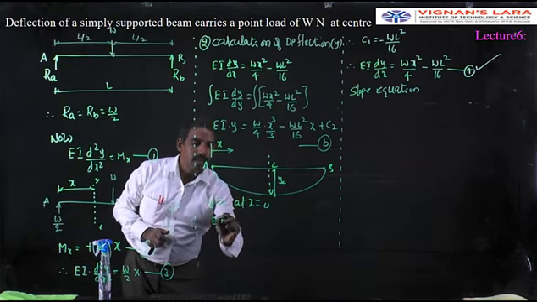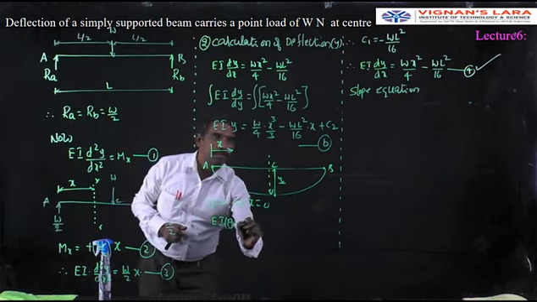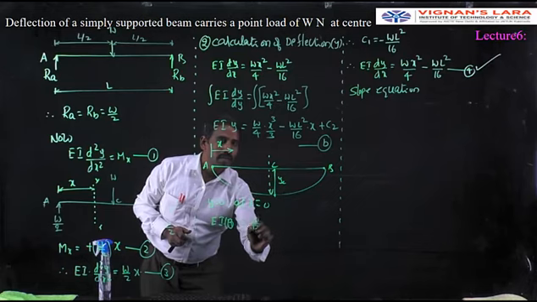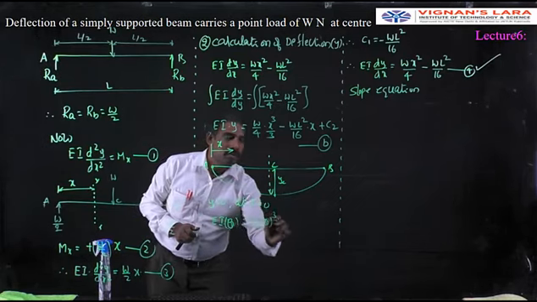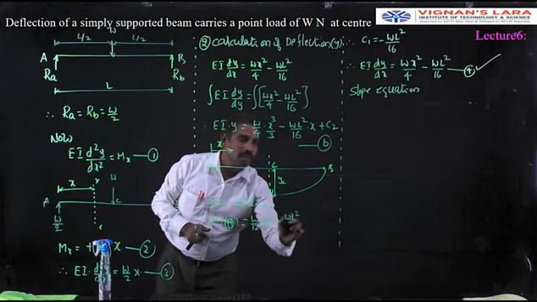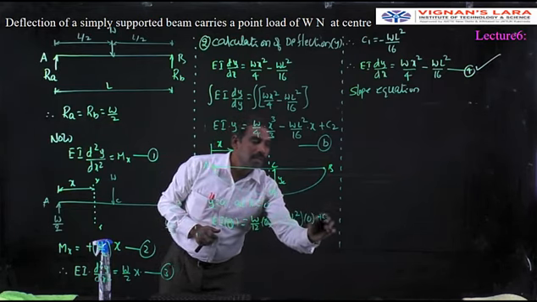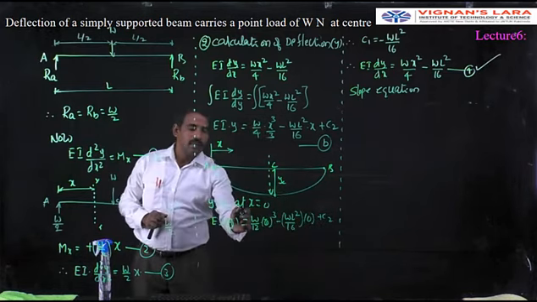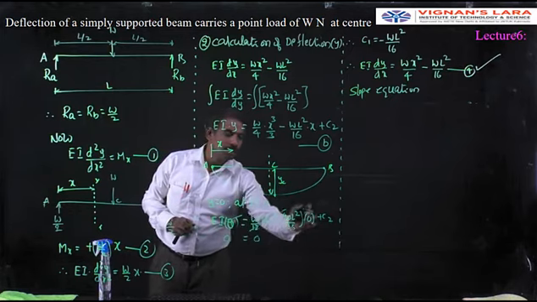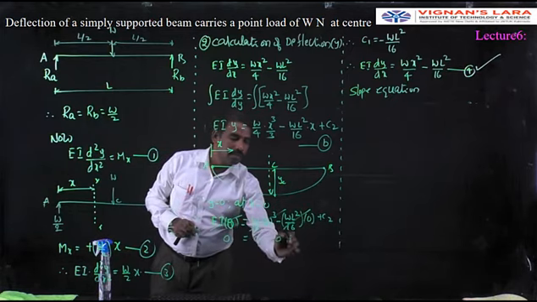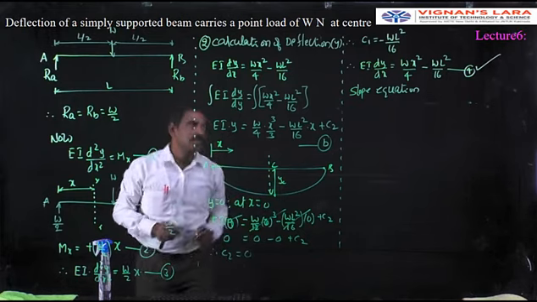Therefore, EI into 0 is equal to W by 12 into 0 cube minus WL square by 16 into 0 plus C2. This term is 0 as well as this term is also 0, and 0 plus C2. Finally, C2 is equal to 0.